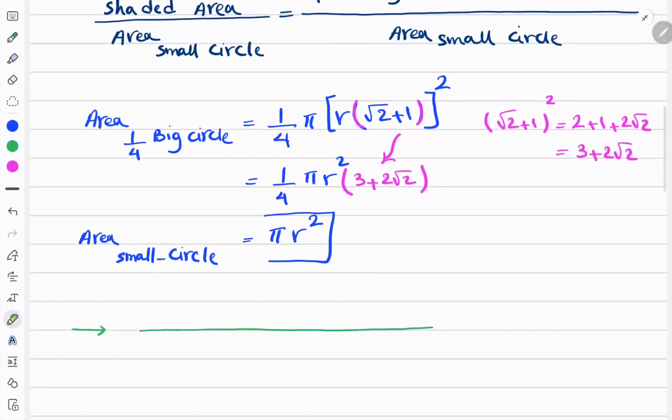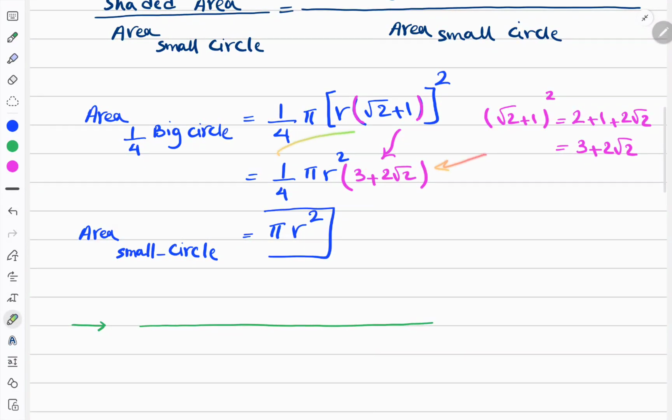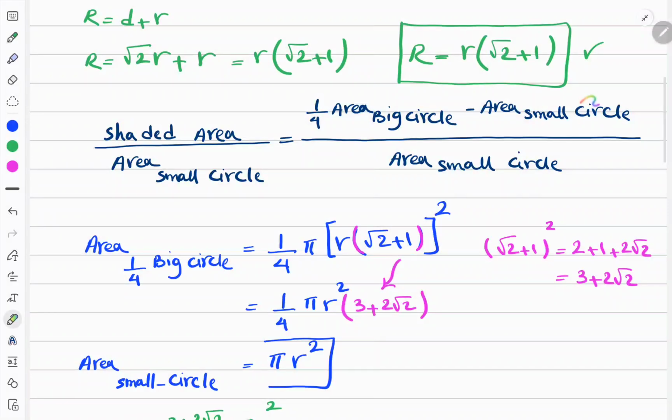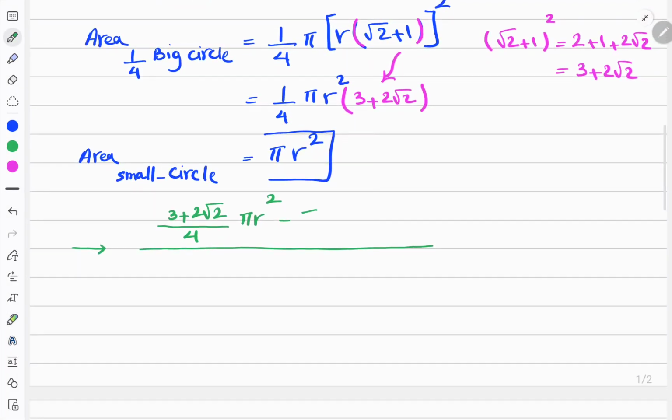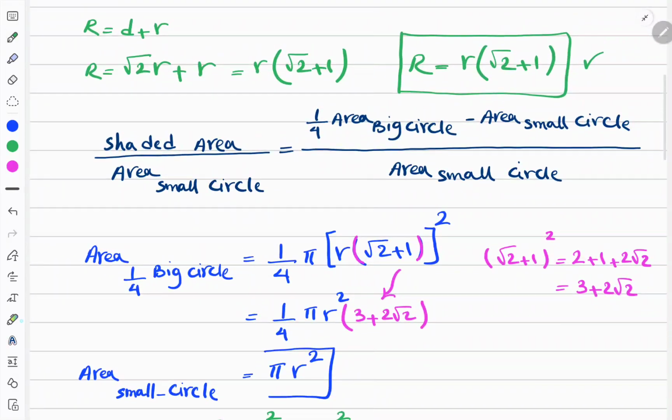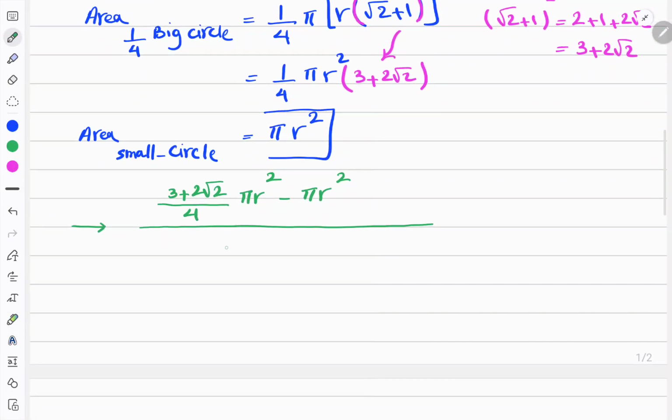The quarter of the area of the big circle is this: 3 plus 2 radical 2 over 4 pi r squared, minus the area of the small circle, which is pi r squared, over the area of the small circle, which is pi r squared.